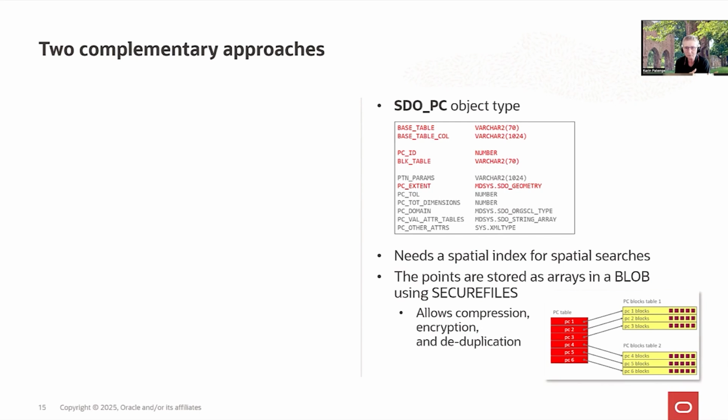So you probably are familiar with the data type SDO_GEOMETRY and other data types starting with SDO, like SDO_GEORASTER. SDO is spatial data object, and the PC stands for point clouds. And here is the signature for this point cloud object type.